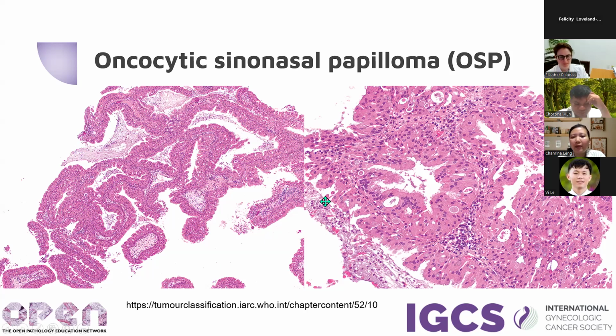At high power, we see columnar cells, some with a few layers and some with a single layer. The cytoplasm is granular, and there are cilia, and there is a microcyst and also a microabscess around here, and there are also neutrophils scattered in the epithelium.